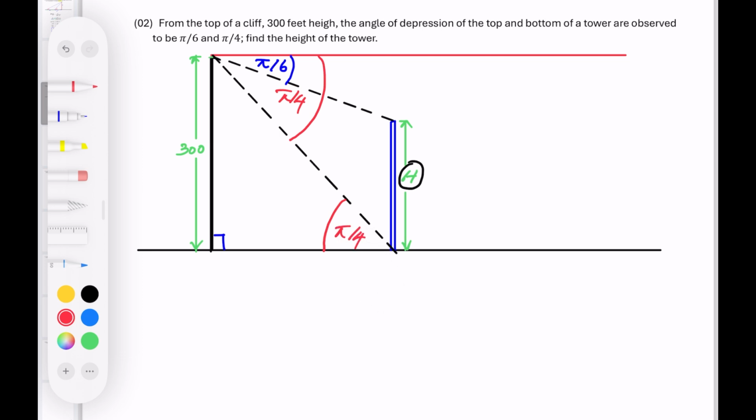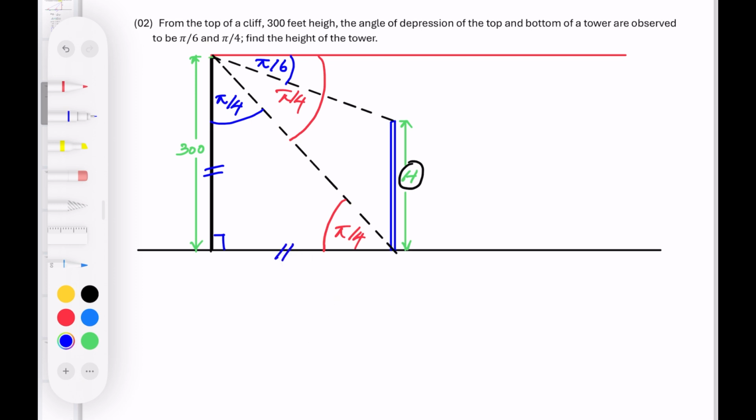If that angle is pi over 4, what can you say about the angle right here? Since this angle right here is equal to 90 degrees, the remaining angle should also be equal to pi over 4. That indicates that this right triangle is an isosceles right triangle. Or in other words, we have this side to be equal to this side.